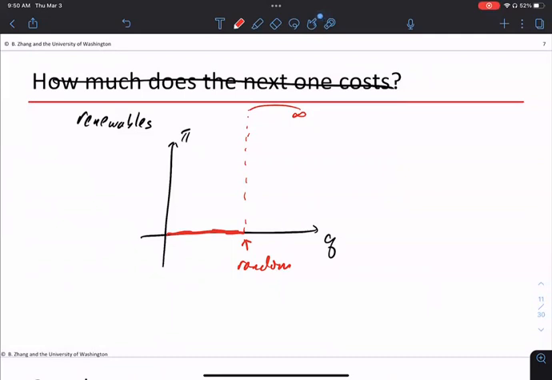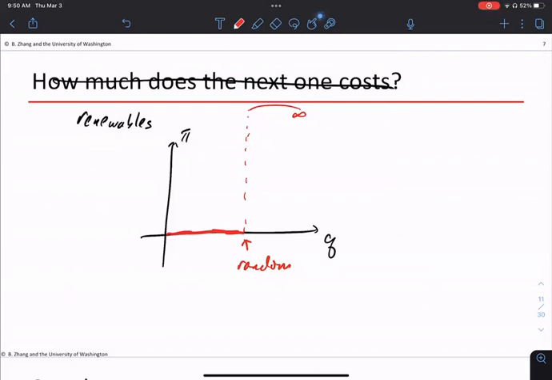I don't know how much wind I'll have. So my curve looks like this with a random jump somewhere in the middle, which makes things challenging. This is not a great curve to work with from the analysis point of view. It's not the best curve you can have.